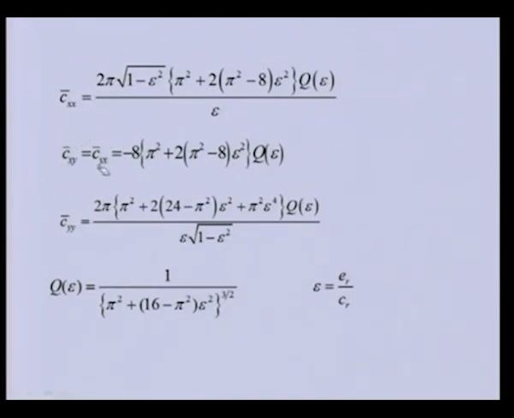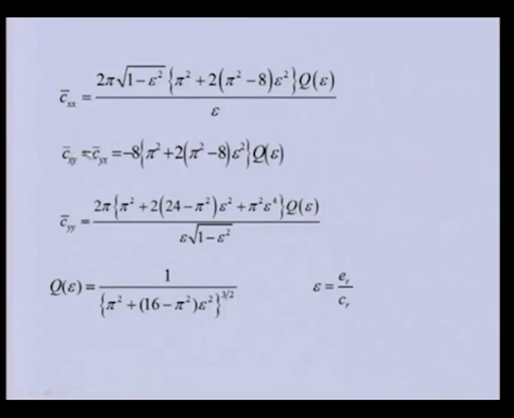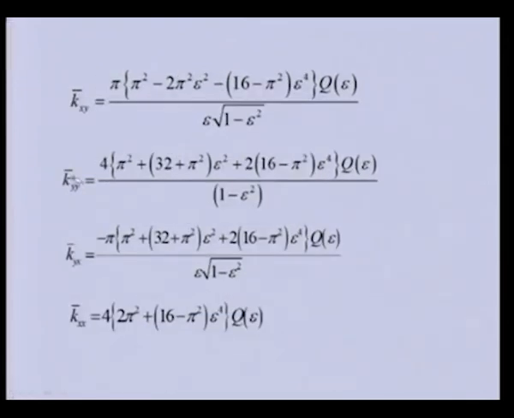One point is that the cross coupled stiffness coefficients are equal, but not the other stiffness coefficients. Only the damping coefficients are equal, and generally the instability comes into the rotor because of this cross coupled stiffness, this and this one.